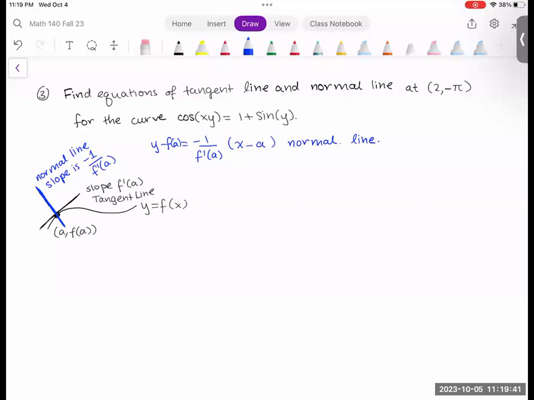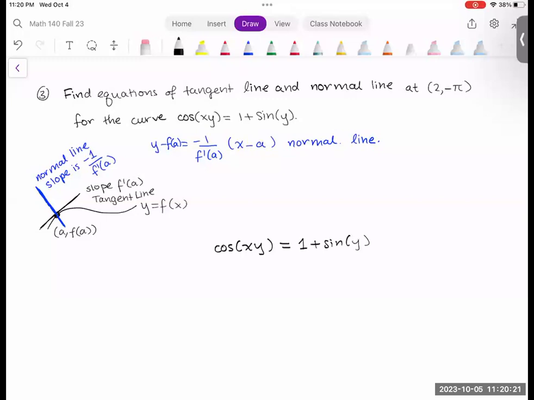Now let's try carrying this out. We have this curve, cosine of xy equals 1 plus sine of y. We're going to differentiate both sides. When we differentiate cosine of xy, we use the chain rule.